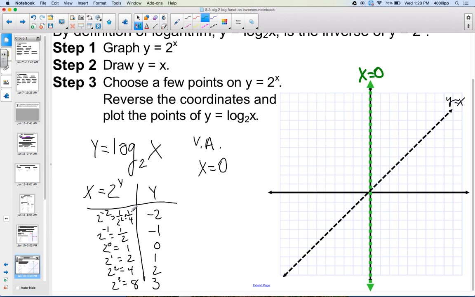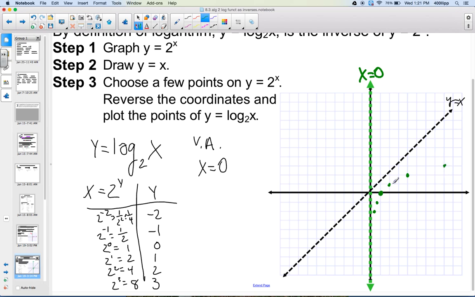And then plotting these, I have 1/4, -2 is around here, down there. 1/2, -1. 1, 0. 2, 1. 4, 2. And 8, 3.